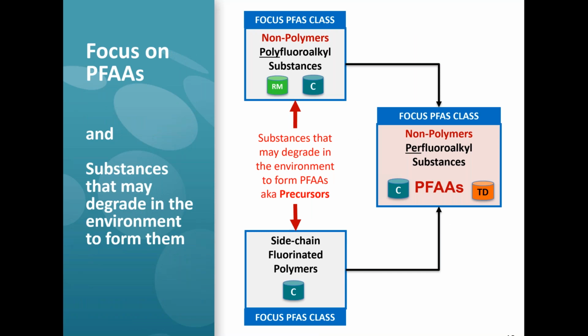So if we relook at this and look at some of the classes within the PFAS descriptor, we see that there are two classes that we know may degrade to form the PFAS, and those are the non-polymeric polyfluoroalkyl substances and the side chain fluorinated polymers. I don't have on here the icons for ECF and Fluorotelomer, but those apply.